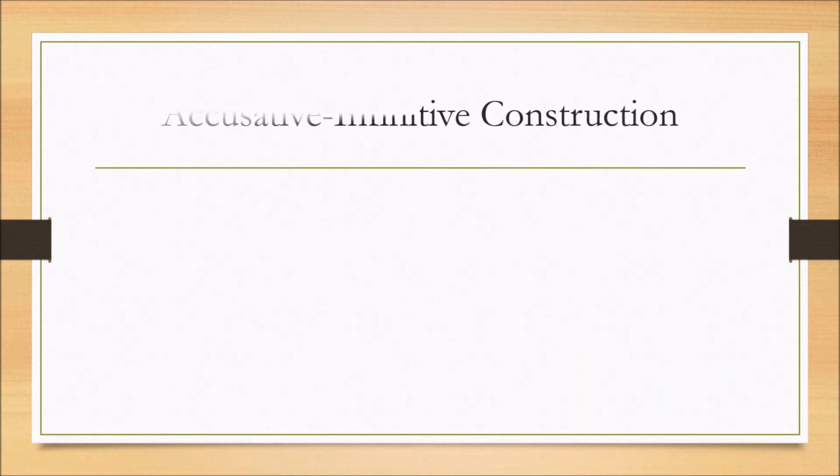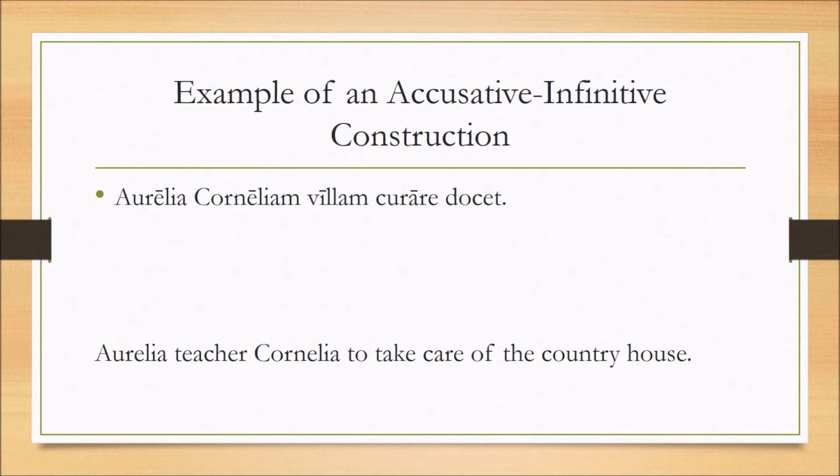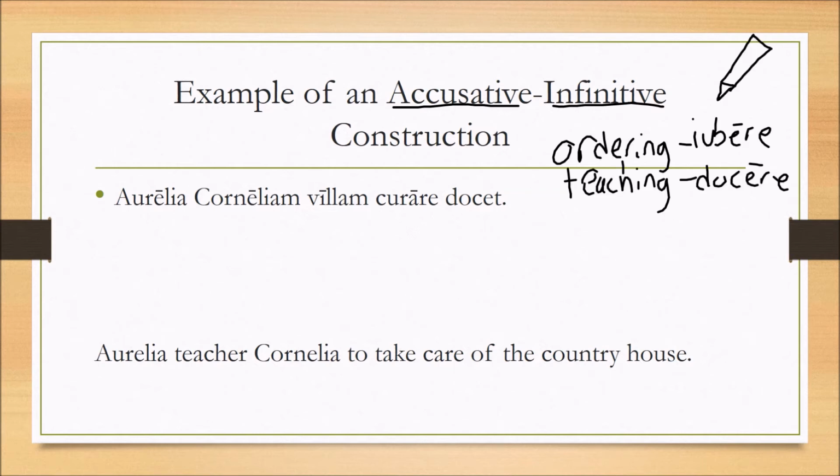Our last main use of the infinitive is called the accusative-infinitive construction. And like its name implies, we're going to see both an accusative and an infinitive in this sentence. It's most frequently used with verbs of ordering, such as iubere, or verbs of teaching, such as docere. So here, let's go through an example.